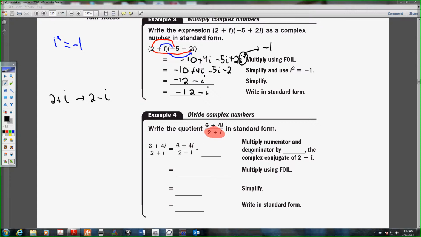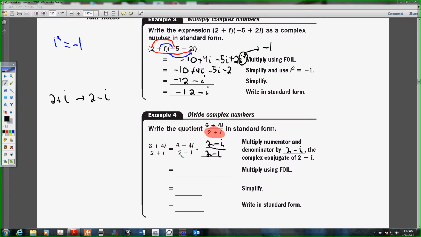So then all we have to do is multiply the numerator and the denominator by what? The 2 minus i, which is the complex conjugate of 2 plus i. Now all we are going to have to do is what? Here we have 2 minus i, 2 minus i. We proceed to multiply.